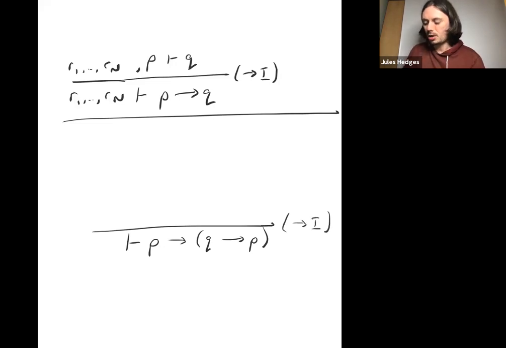To prove that P implies Q implies P, we have to prove that Q implies P from the hypothesis P. Okay, so what now? Well, the thing that we have now also looks like an instance of implies introduction, so we can use it again. Here it's not so obvious because we're relabeling.